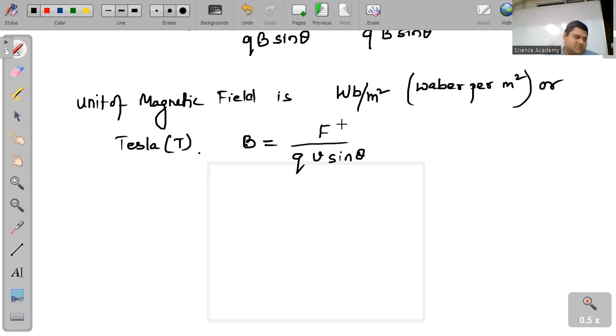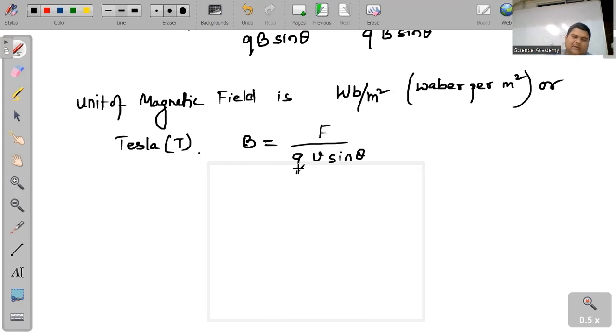Okay, so theta can be taken as 90 degrees. A magnetic field of 1 Tesla or 1 Weber per meter square is said to be acting if 1 Newton of force is experienced by a charge of 1 coulomb moving with 1 meter per second.